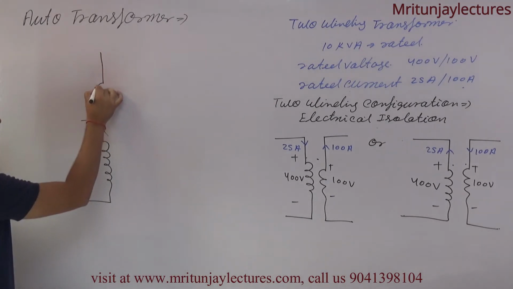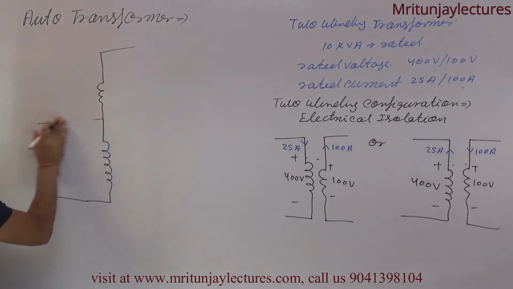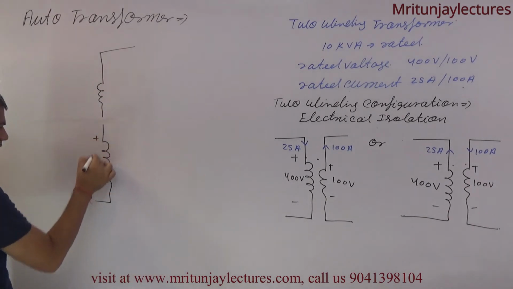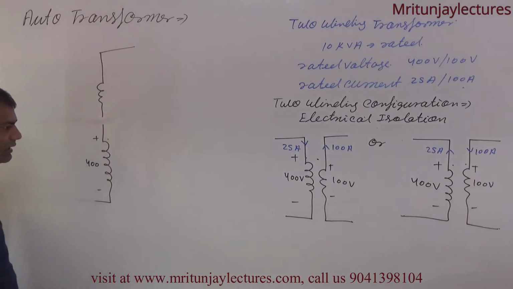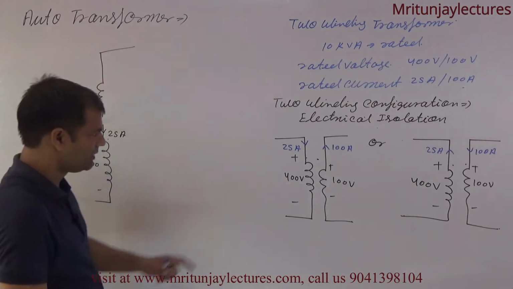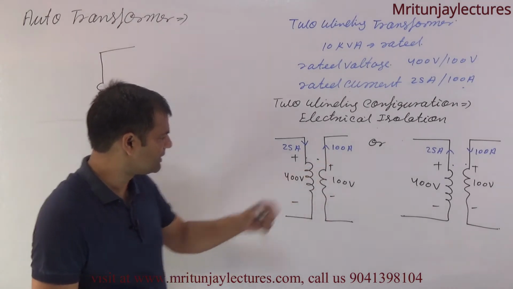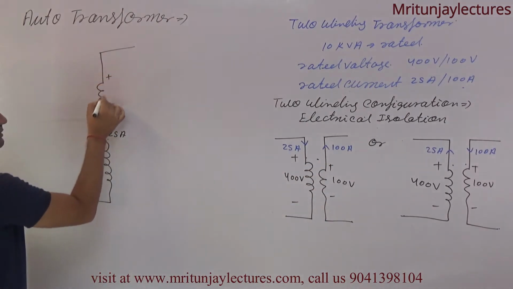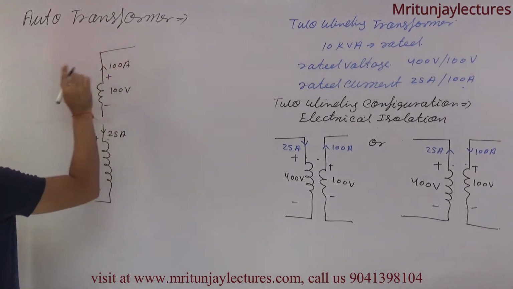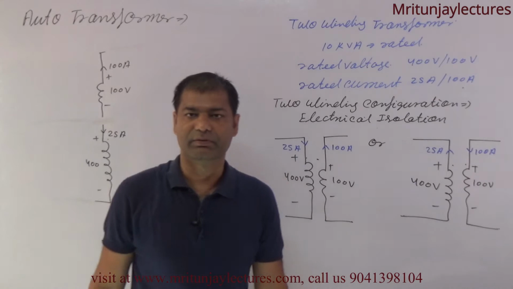First of all, how to create, that is 400 volt dot like this one. Direction of current always positive to negative in this winding, and in this winding direction of current is negative to positive, that is 100 volt. It is clear? Our motto, we are focused on how to create auto transformer.